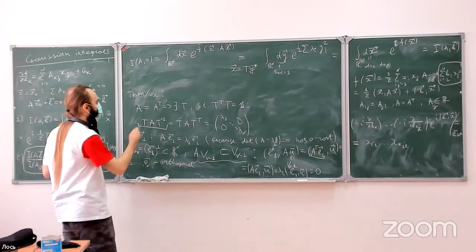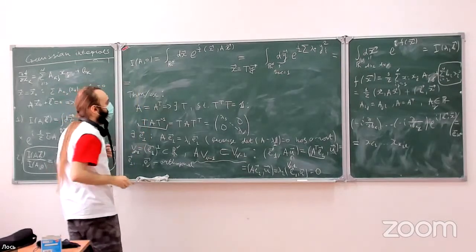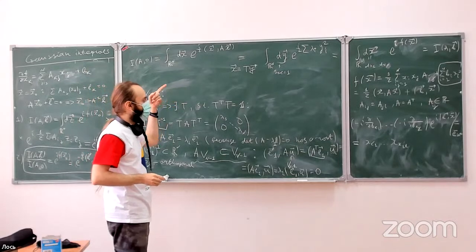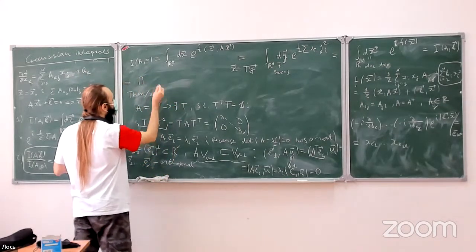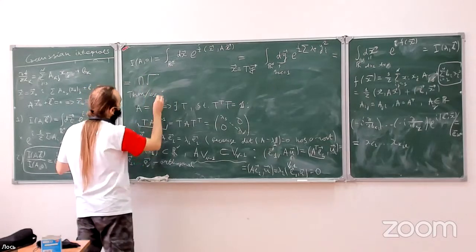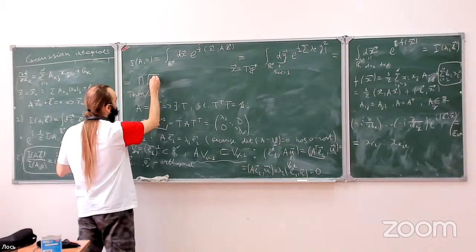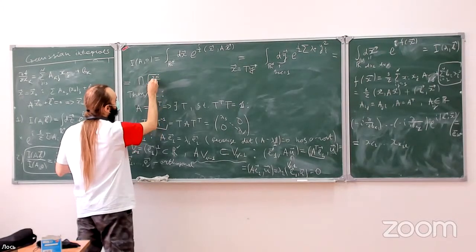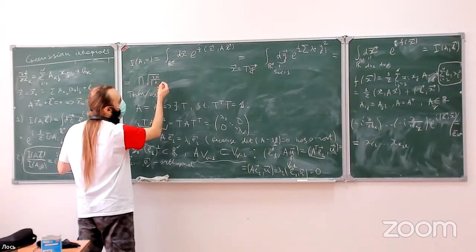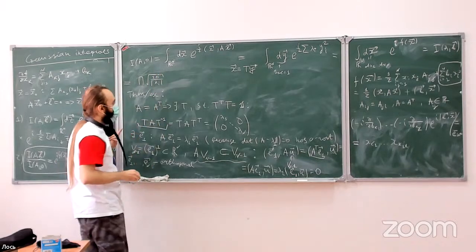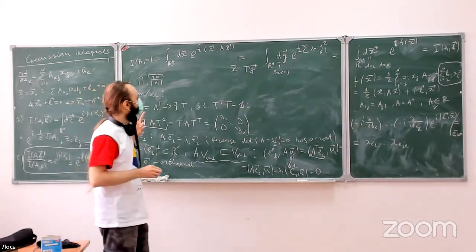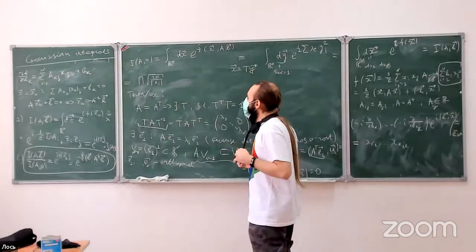First, we take a product of square roots of 2 pi over, let us put here absolute values of lambdas for simplicity, because there can be positive and negative lambdas.